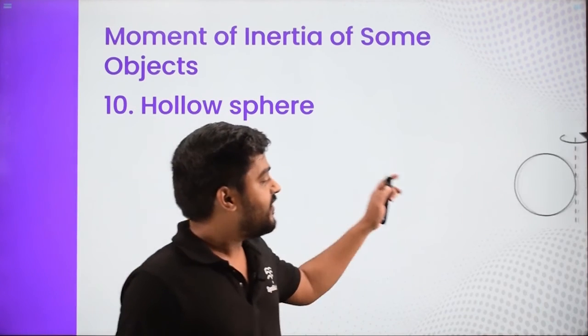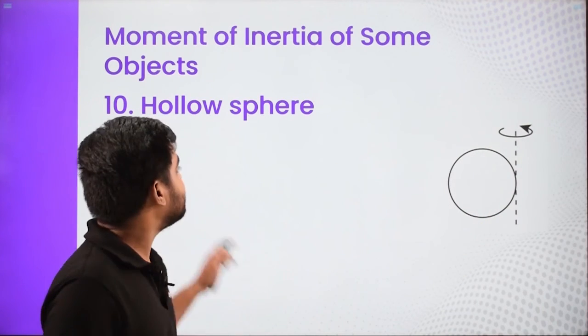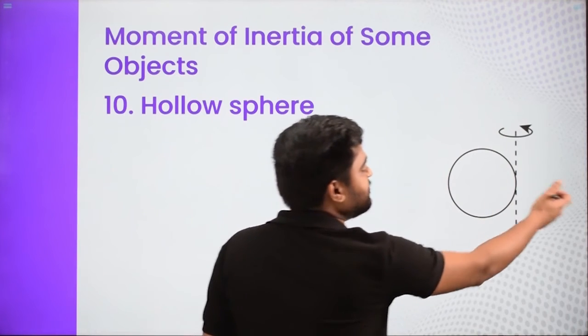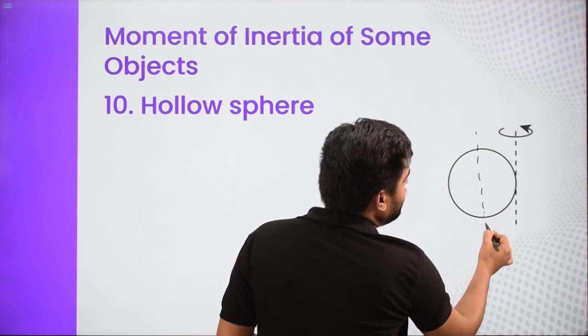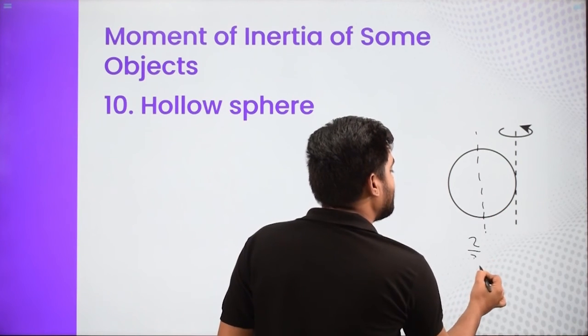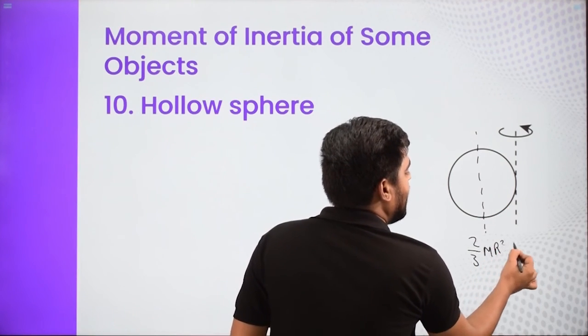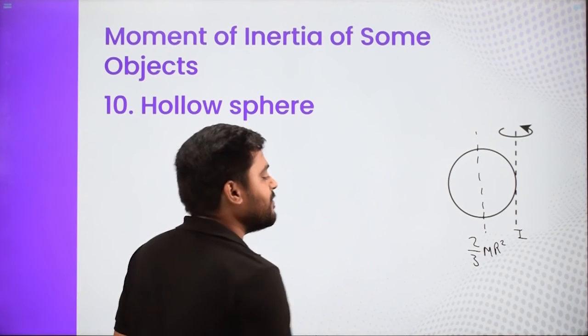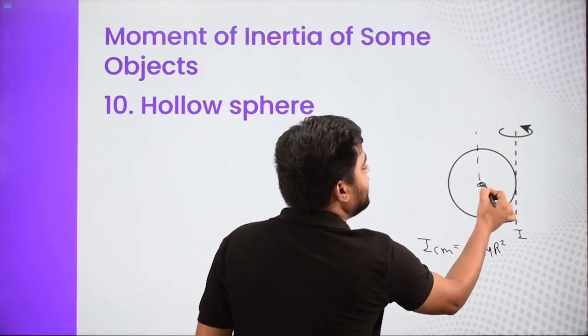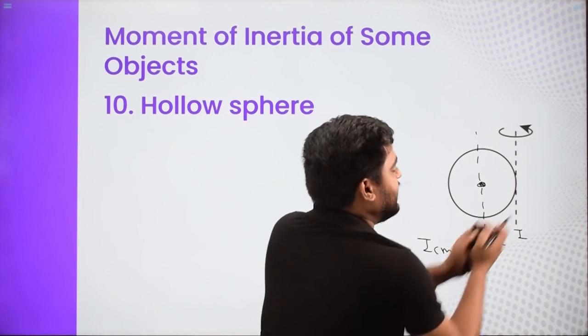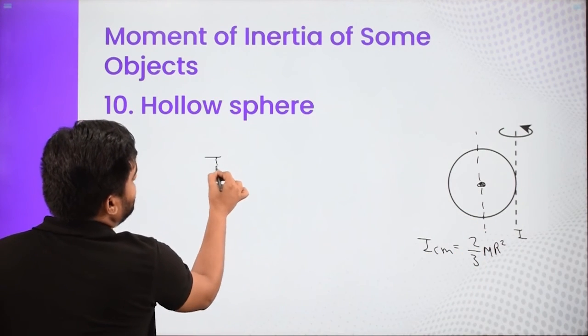Now next, if we have to find the moment of inertia of the same hollow sphere about this axis, which is passing through its tangent, it is a tangential axis. We already know this moment of inertia is 2 by 3 MR square, and this is I which we need to find. So I am calling it ICM because this is passing through the center of mass and is parallel to it, so we are applying the parallel axis theorem.